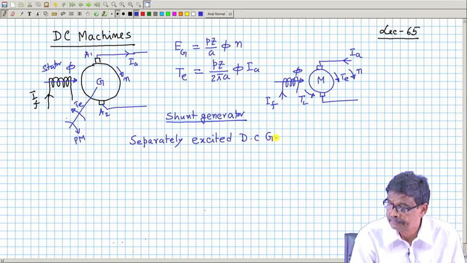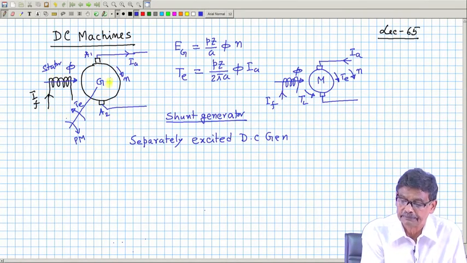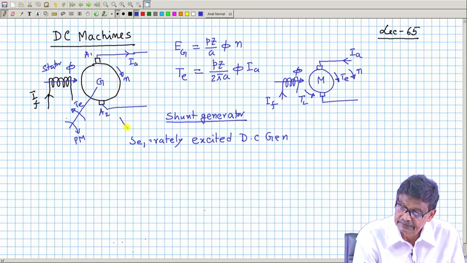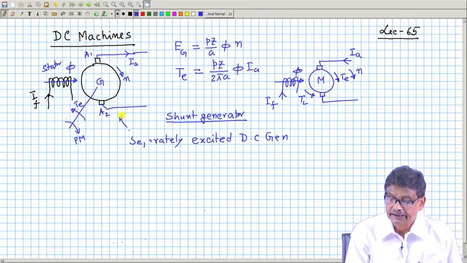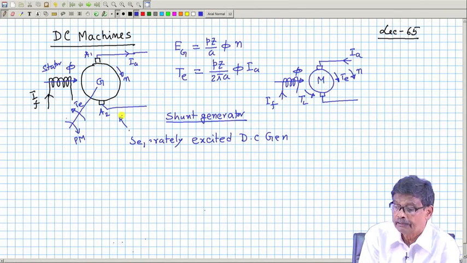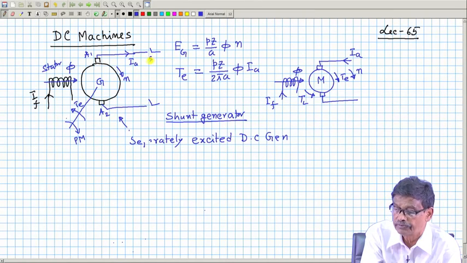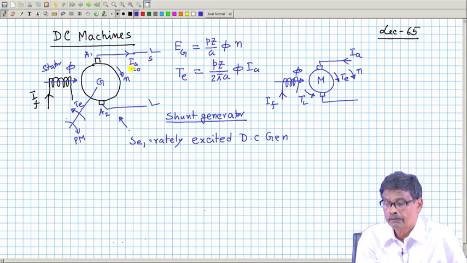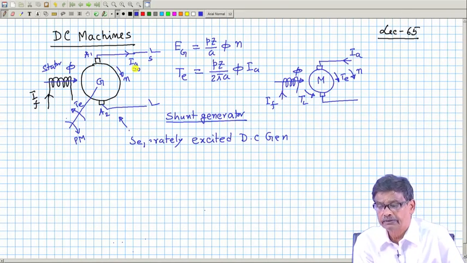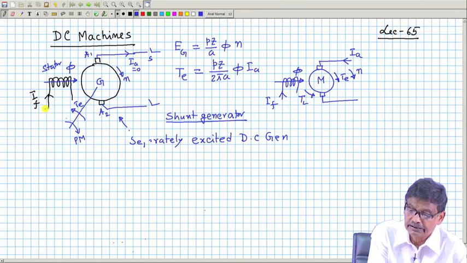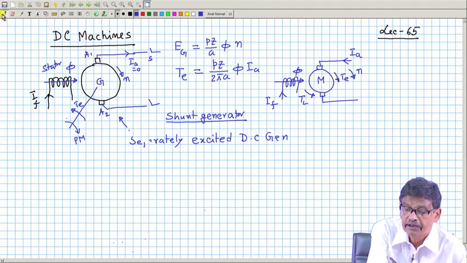In this generator, suppose the armature terminals are open circuited, so there will be no armature current. With the armature in open circuit condition, we are not going to load the machine. What we will do is change the value of the field current.